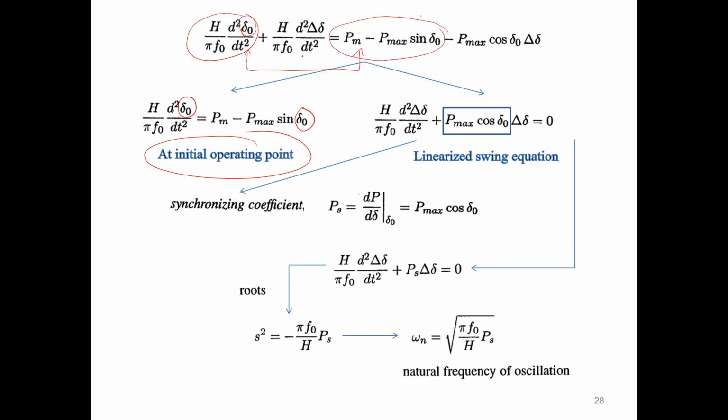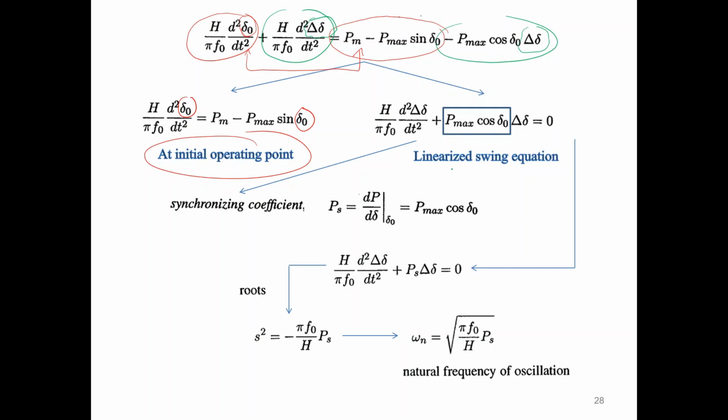And the second term, the rest, the green one, is the linearized swing equation. This is due to the change of delta delta, because the two terms in green are functions of delta delta.